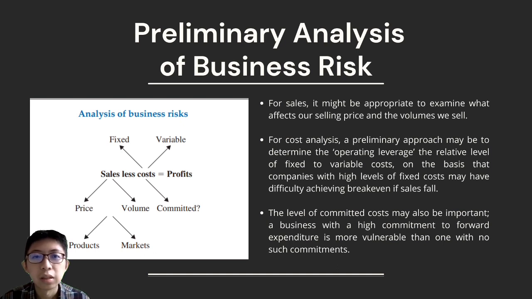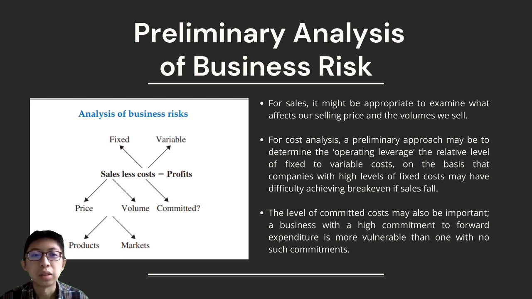In the next slide, you can see a simple model for a preliminary analysis of business risk. In this picture, the constituents of profitability are broken down to facilitate analysis.